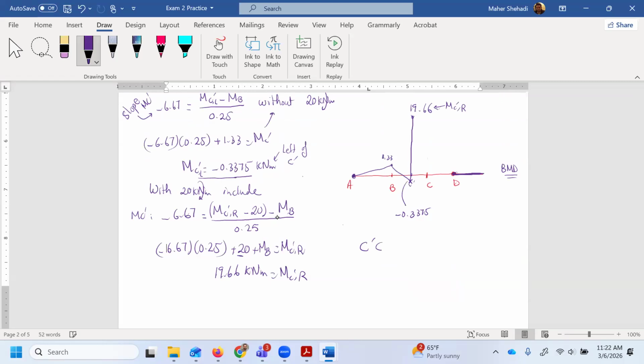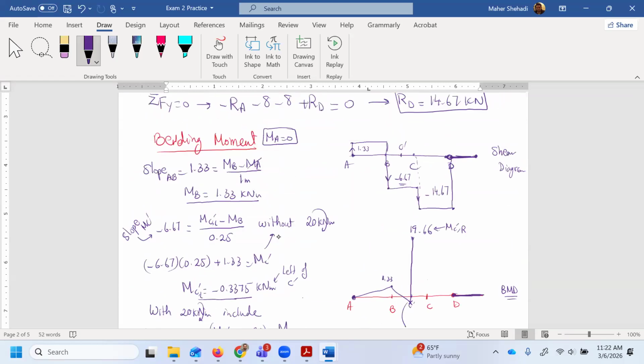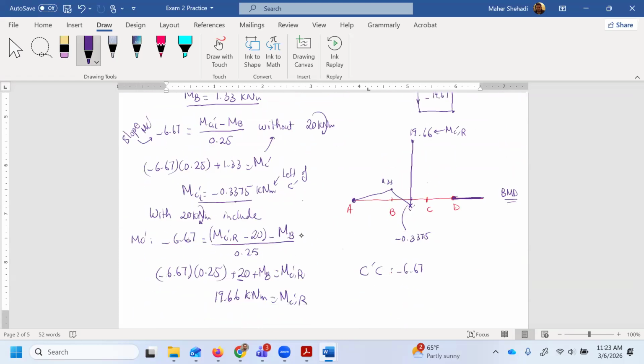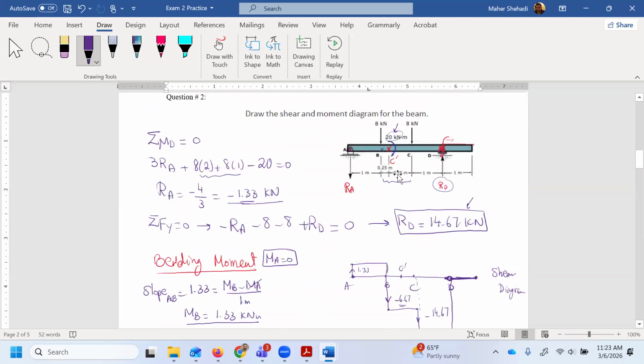All right, the last one I'm going to take now, C prime C. The slope is minus 6.67. It's the same as this one. Here, nothing is changing. And it's equal to MC, that's Y2 minus MC prime to the right, because now I jumped from the left, I'm now at the right, divide by 0.75, if I'm not mistaken. Yeah, 0.75.